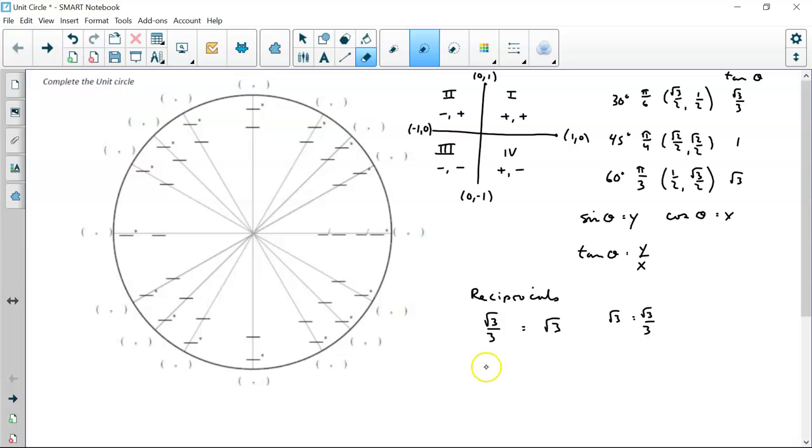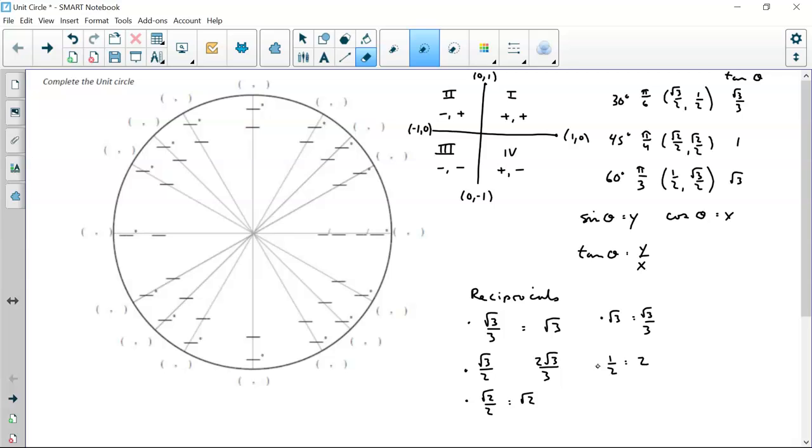The reciprocal of root 3 over 2 is 2 root 3 over 3. That's the reciprocal. The reciprocal of 1/2 is 2. The reciprocal of root 2 over 2 is root 2.